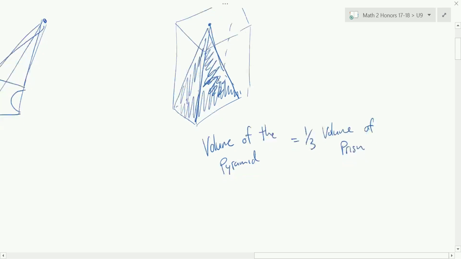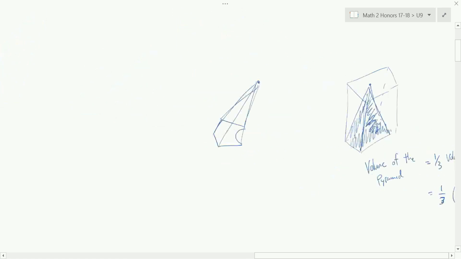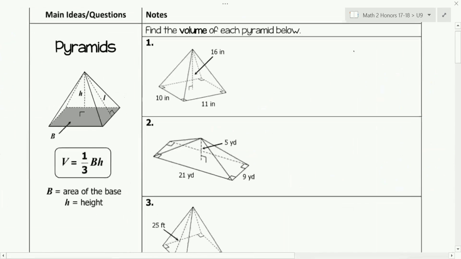Remember yesterday we said the volume of the prism is the area of the base times the height. And so you'll see this formula, 1/3 base times height, is our volume of a pyramid. And we have that written here.